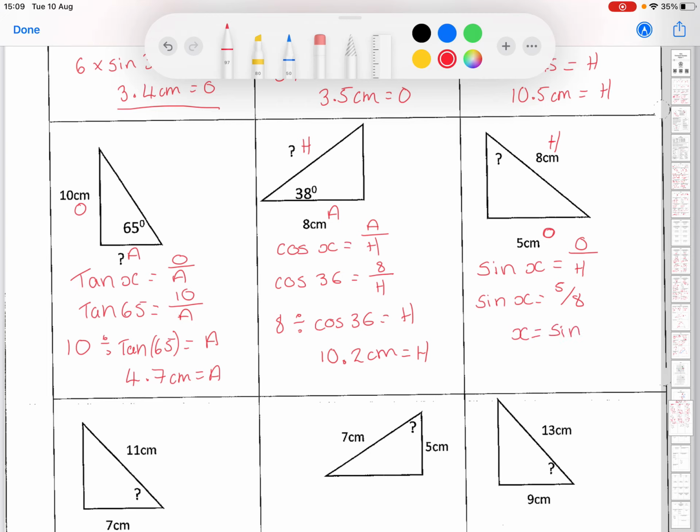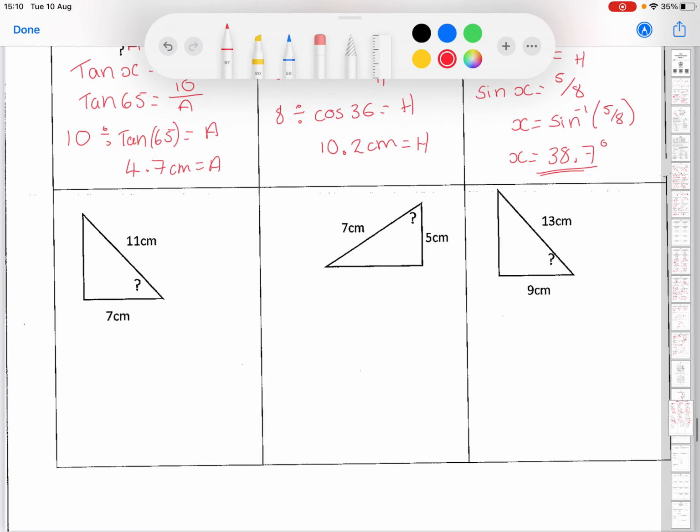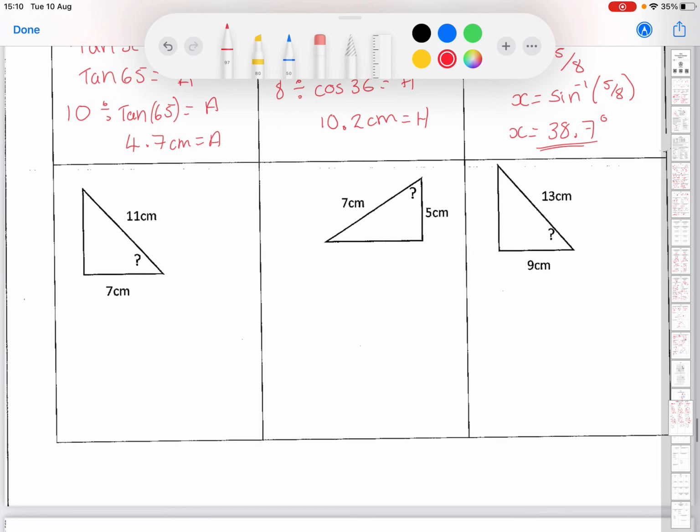This time, when we're finding an angle, we need to shift. So we're going to press shift sine, and it's going to come up as sine to the minus 1 in your calculator, of whatever 5 over 8 is. When we press shift sine of 5 over 8, we get 38.7 degrees. So that is an angle, so don't forget it's degrees, not centimetres.